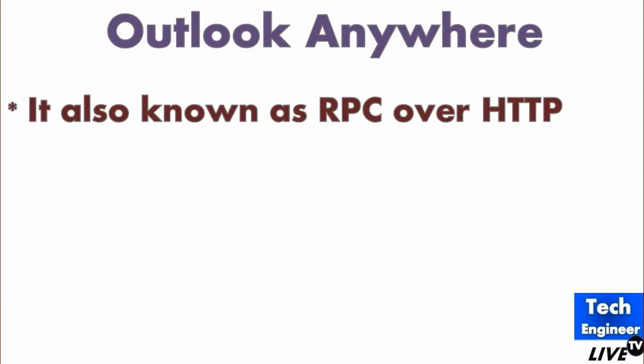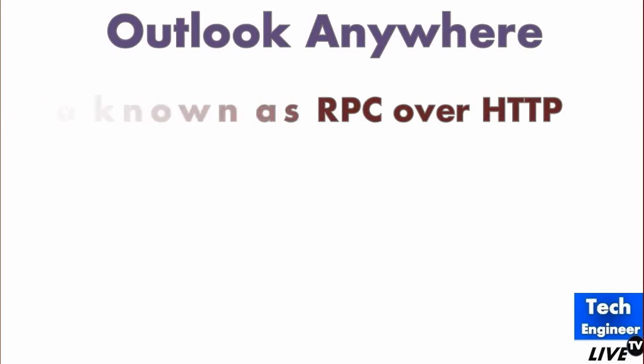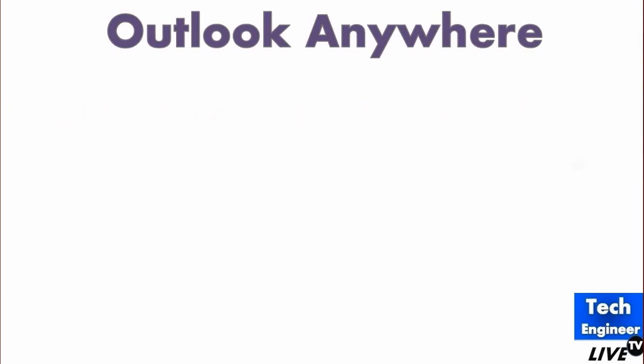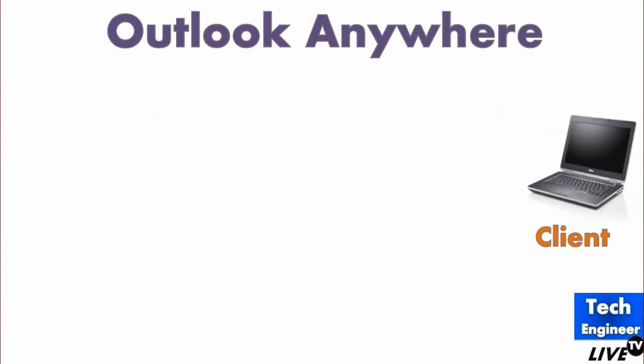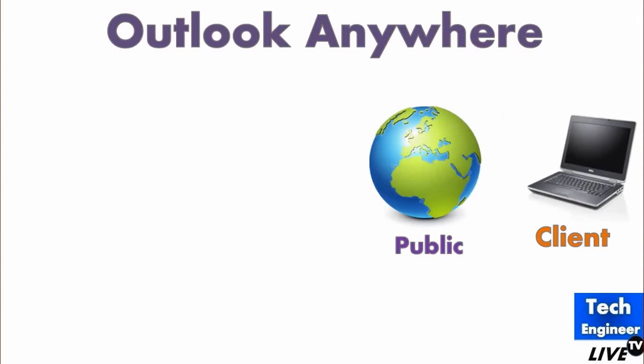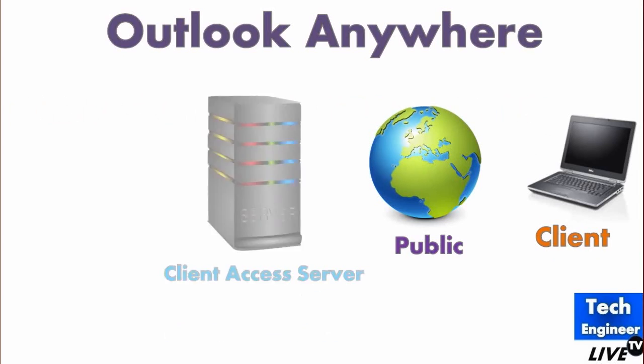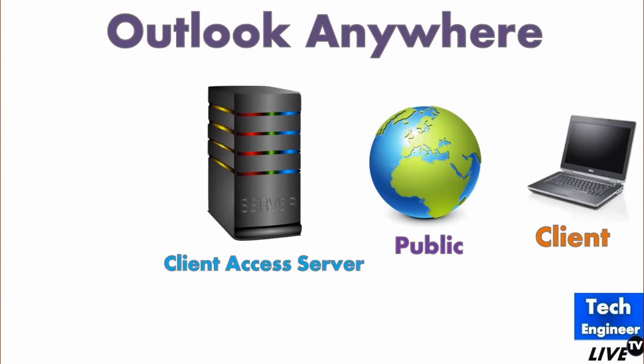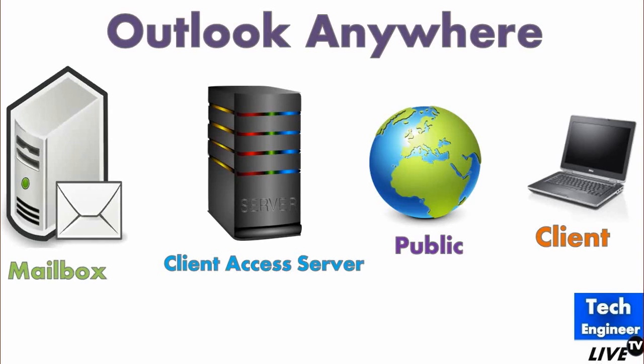So Outlook Anywhere, how is it going to work? For example, I'm a client, I'm a laptop user, and I want to use my mail through the public network. My public network is going to connect with the Client Access Server, and I want to go through to the mailbox.